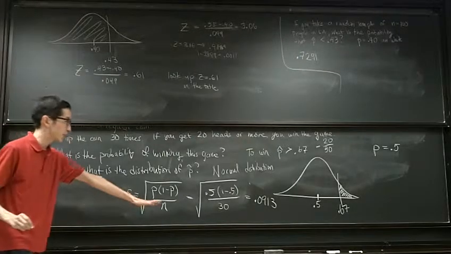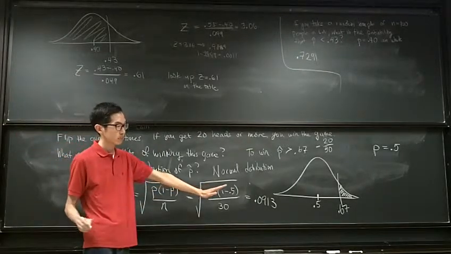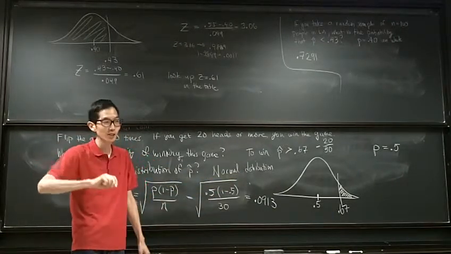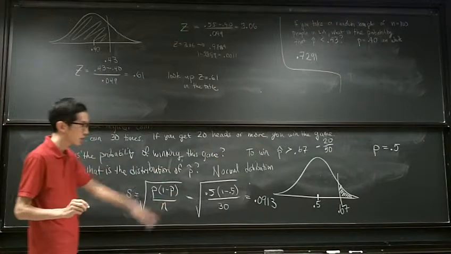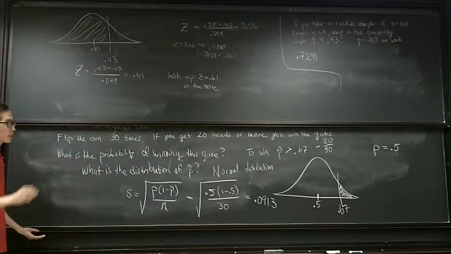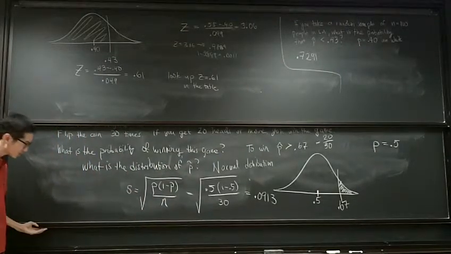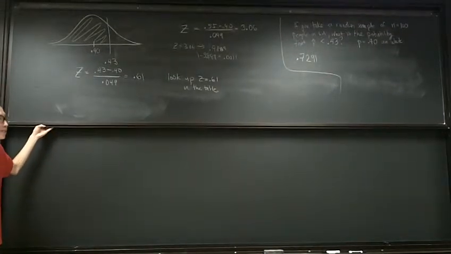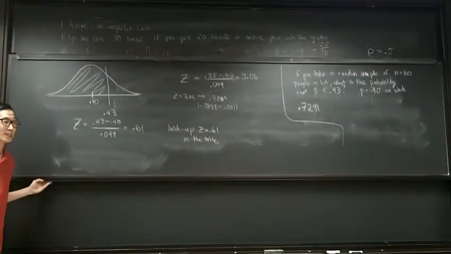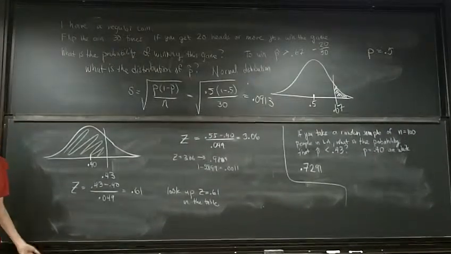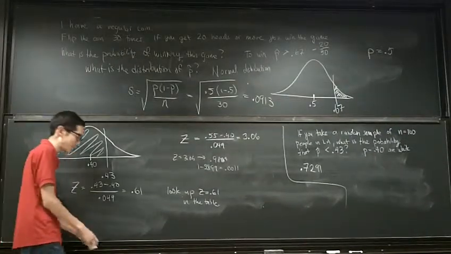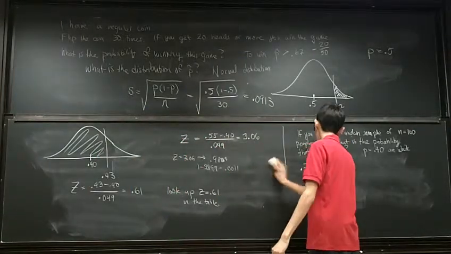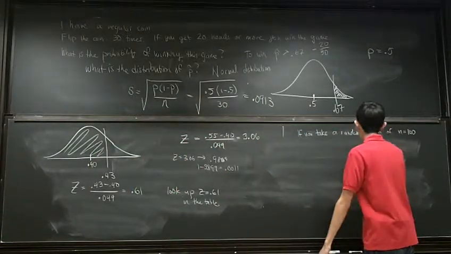Okay, at this point you guys should be good, right? So tell me what the answer is, or figure out the answer, write it down, and then I'll put the answer up on the board. Because if we're not good with the normal distribution, all hope is lost. I shouldn't say all hope is lost. All hope for this class is lost. The rest of your life might be very bright and beautiful. But if we're not good with the normal distribution, this class is going to be a disaster.